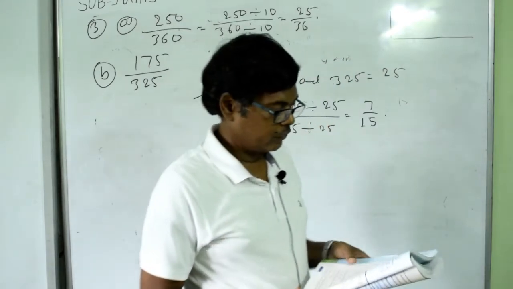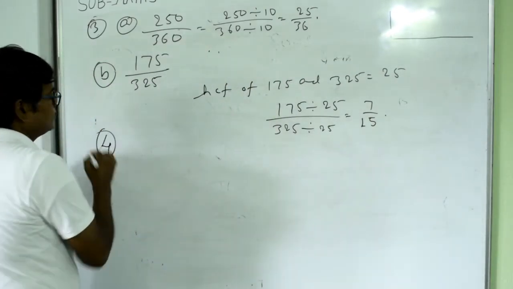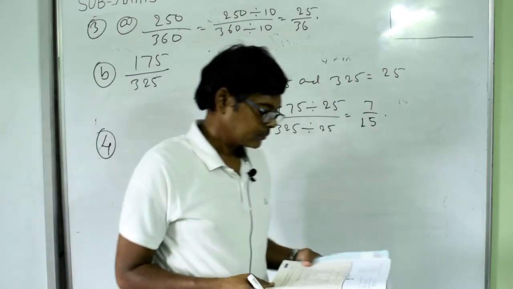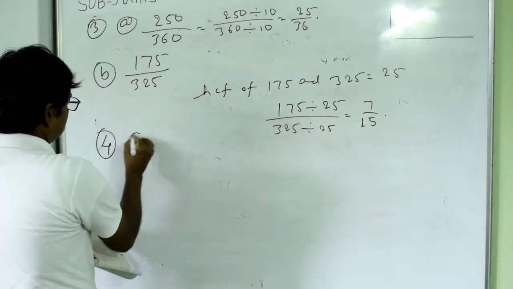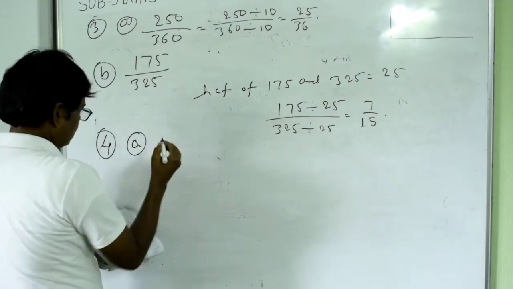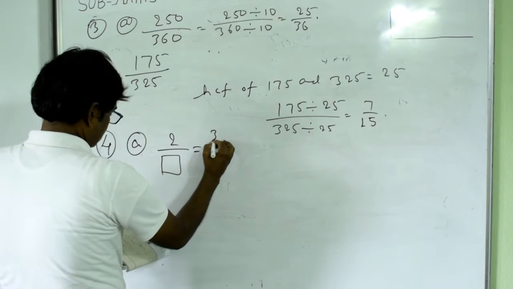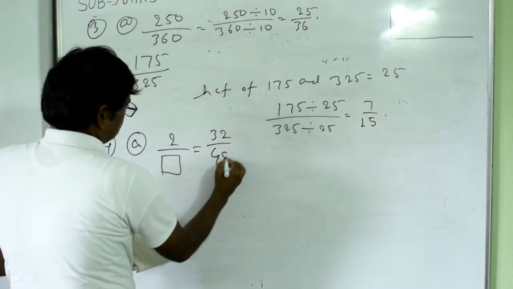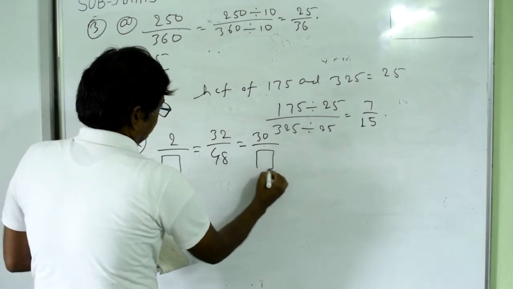Now the question number 4. In this we have to fill the blanks. Question number A here: 2 by box equal to 32 by 48 equal to 30 by box again.